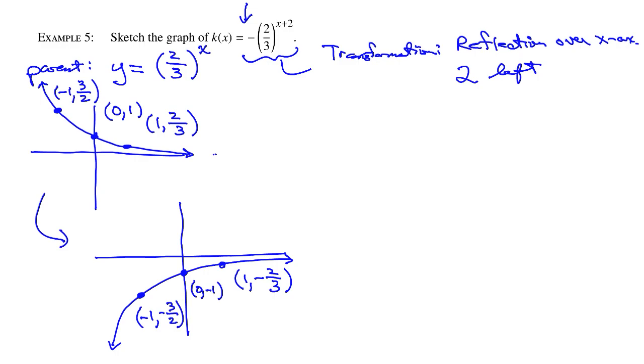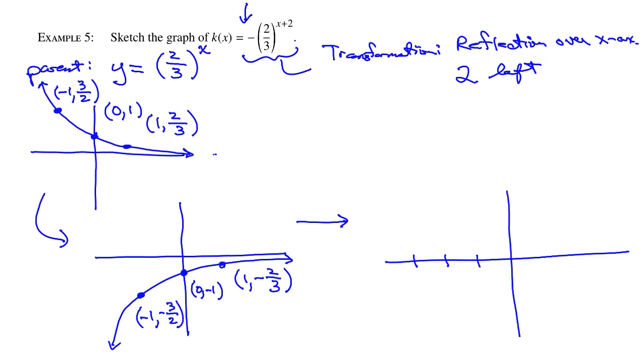Now let's shift it 2 to the left. Shifting 2 to the left only changes the x values. It does not change the y values. So 1, 2, 3 to the left here.